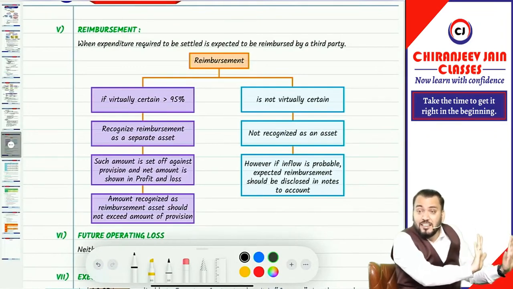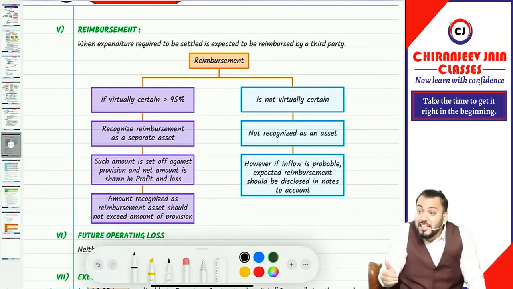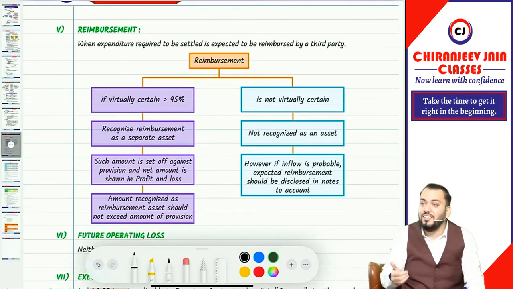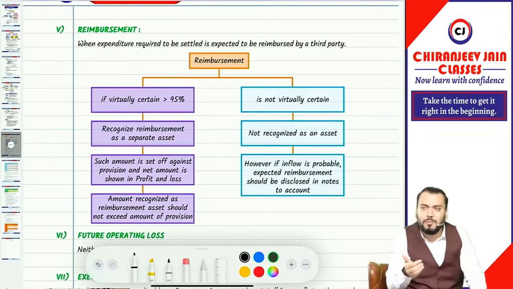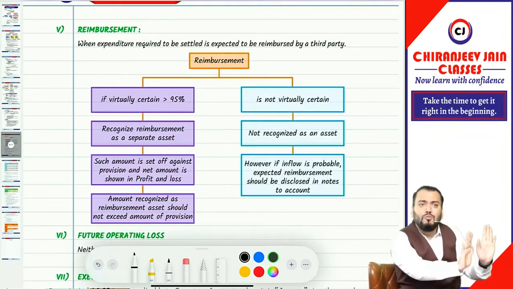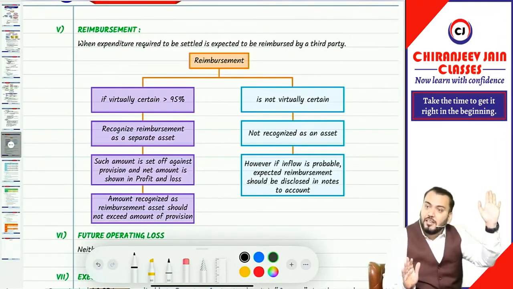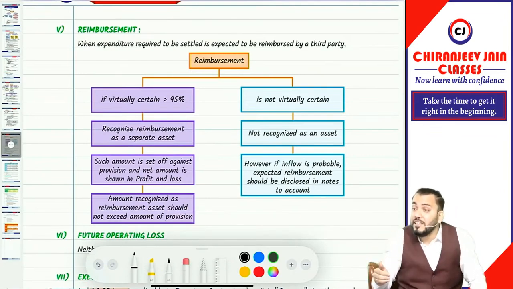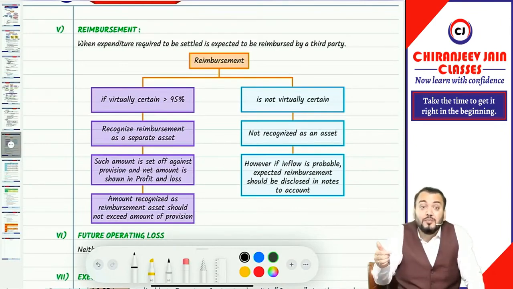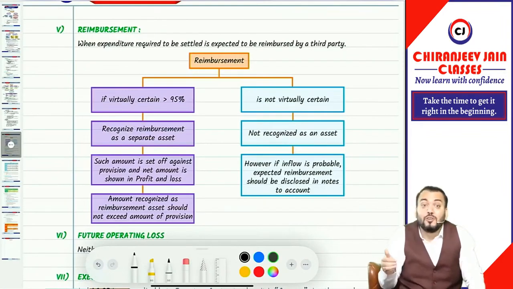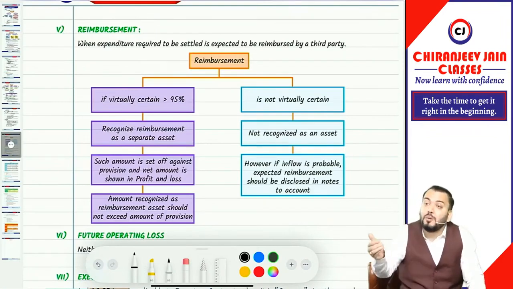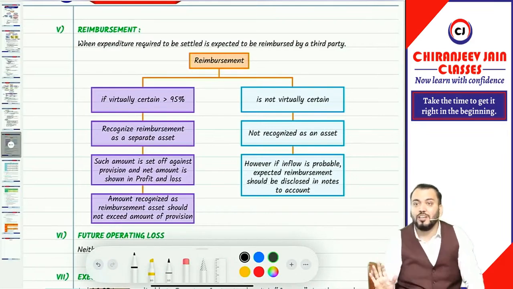Apply: if the reimbursement is virtually certain, we have done that. Now don't say as per CA Inter. Correct. So if the reimbursement is virtually certain, recognize it as a separate asset, meaning a reimbursement asset. And if it is probable, then it should be disclosed as a contingent asset. And if it is not probable, then no treatment is required.